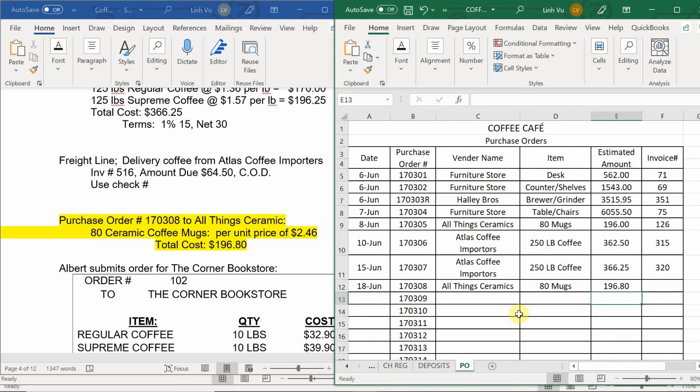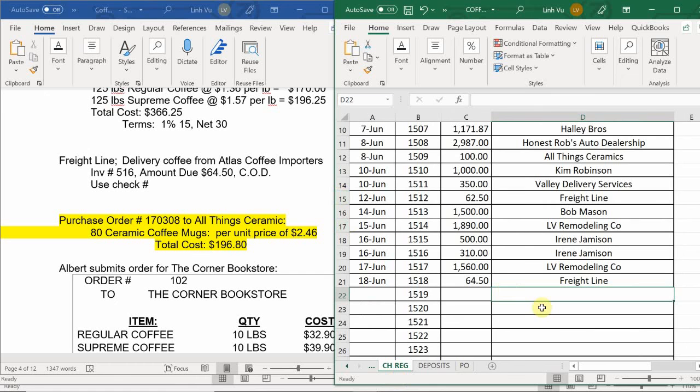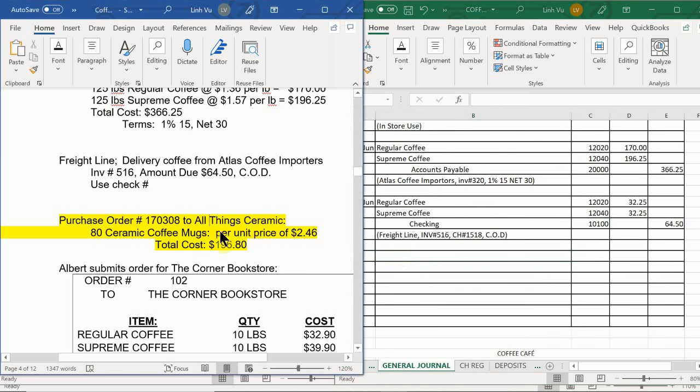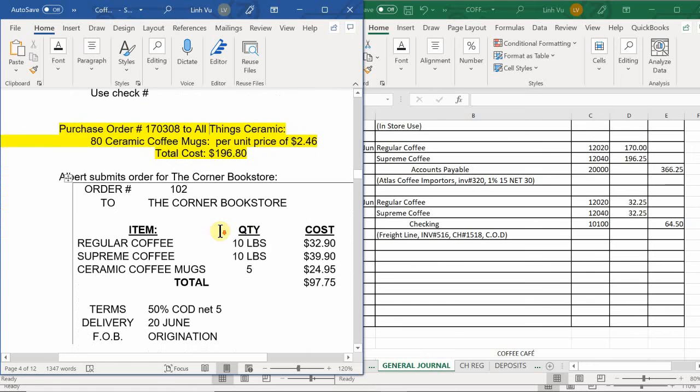We need to make sure we match the purchase order saying that we ordered this. A purchase order does not do anything to our journals, because all we did was order something. We didn't buy or pay anything yet. We didn't receive the cups. We don't have anything.